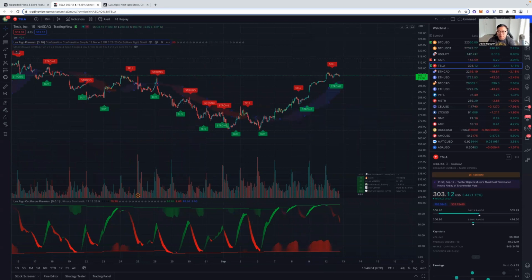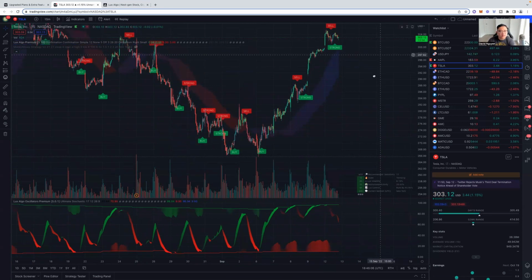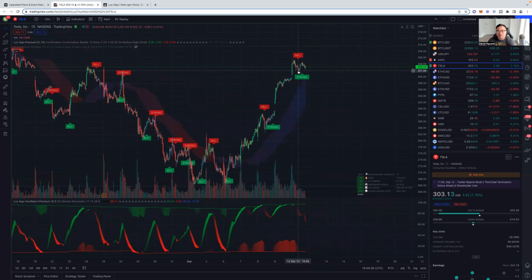Okay. But it's not really good to trade on the short time frame, like the 15-minute time frame, because the gains aren't as significant. That being said, if you look here, you would have gotten in at 283, made some profits, got out at 303, and that was just a few days ago, right? 4 days ago.